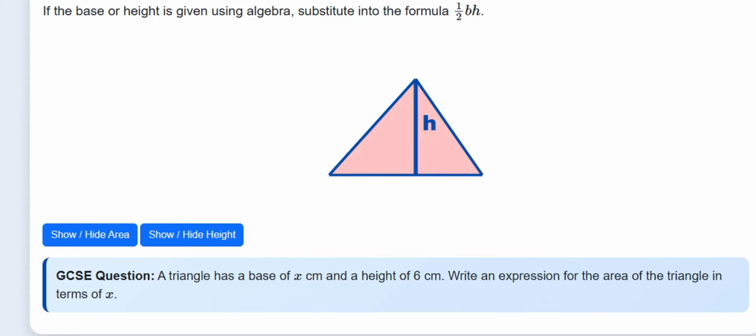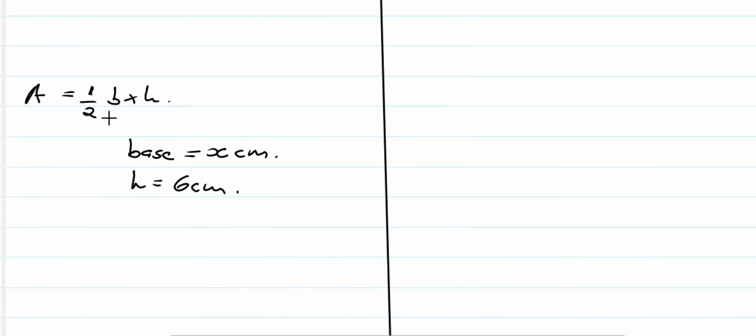Since we have those two, we are told to write an expression for the area in terms of x. To do so, we apply the formula directly, where we have half, and we know the base is x, so multiplied by x, then again multiplied by height, which is 6. So 1 by 2, 3.